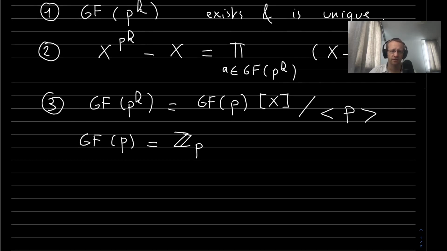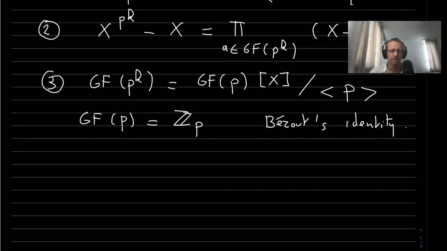That this is a field can, for instance, be proven fairly easily by using Bezout's identity. Moreover, this is the coefficient field of the polynomials in X.